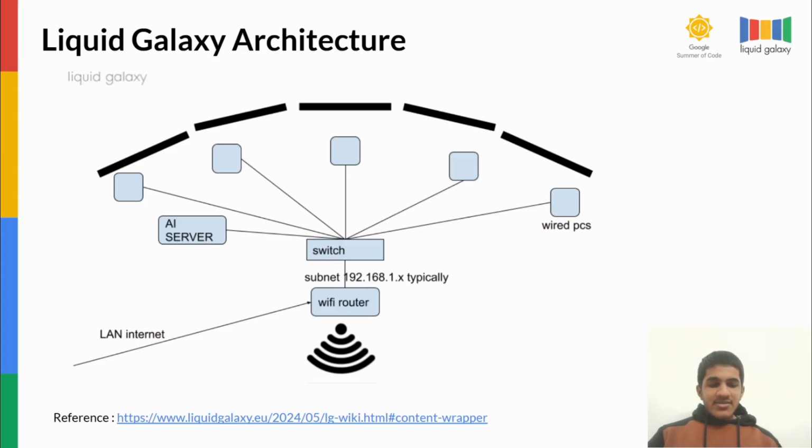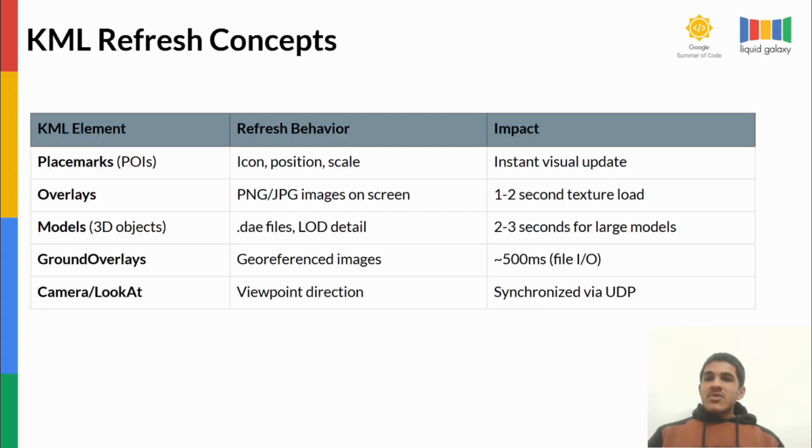Now let's move on to the next slide. Let's talk about the KML refresh concepts. KML is basically a file, and it is used in Liquid Galaxy for different scenarios. For example, for placemarks, for overlays, for models like 3D objects, ground overlays, and for cameras or LookAt, which is basically used for flying to a location or in building tours.